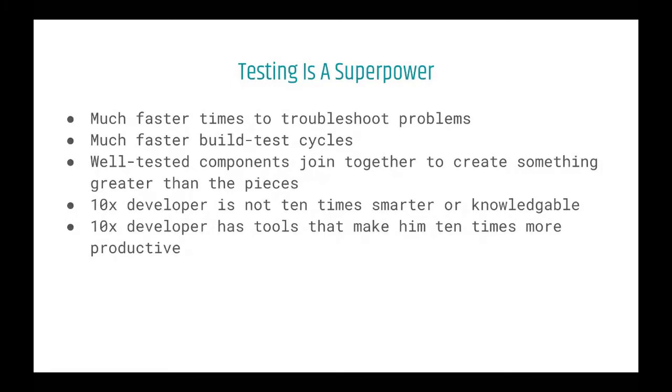But our theory about it is that to get to sort of a 10x level of productivity as a developer or 10x quality, actually the way in which it's achieved is not by suddenly becoming much smarter or more knowledgeable, but instead to become more effective using tools that are available.